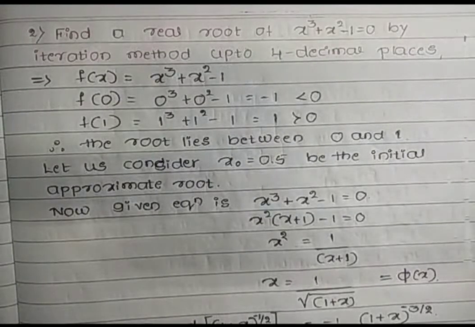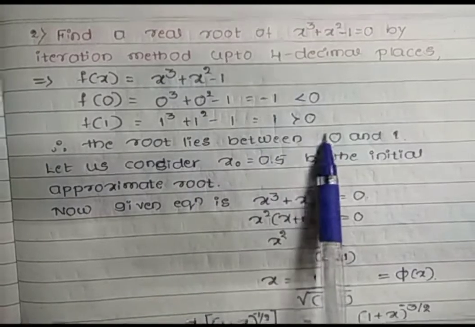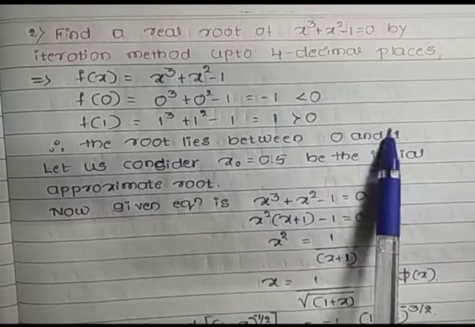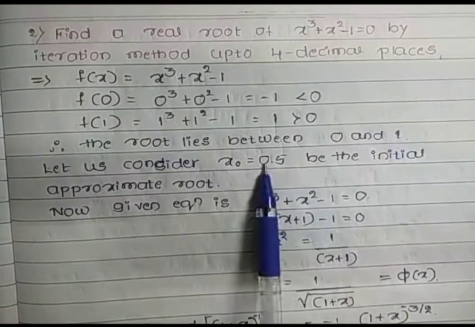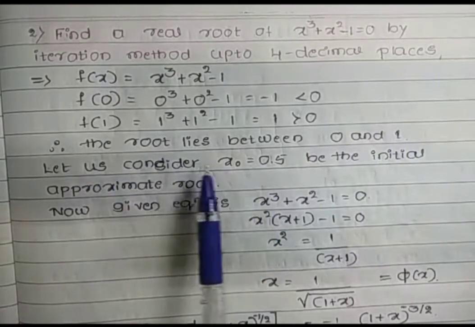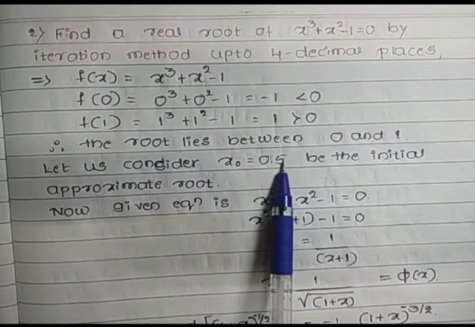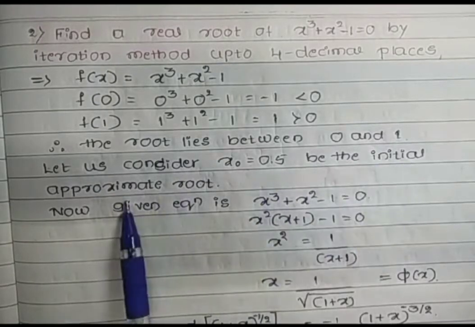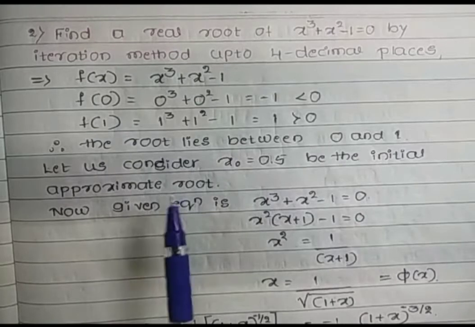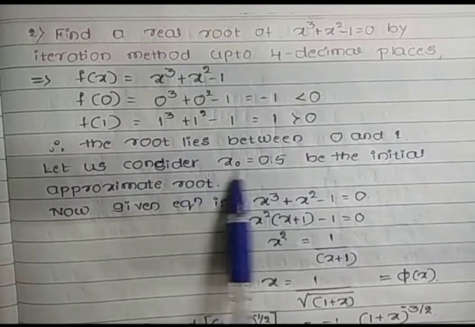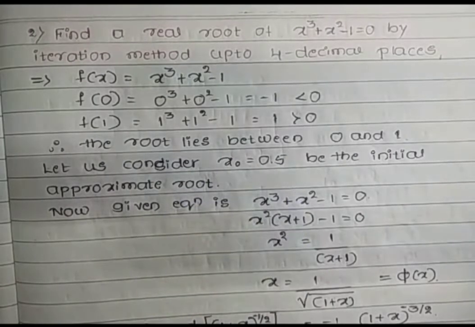So in this example, as the root lies between 0 and 1, I will consider an in-between value as x naught. So let us consider x naught as 0.5, which is our initial approximation. So we are considering here the initial approximation x naught as 0.5.